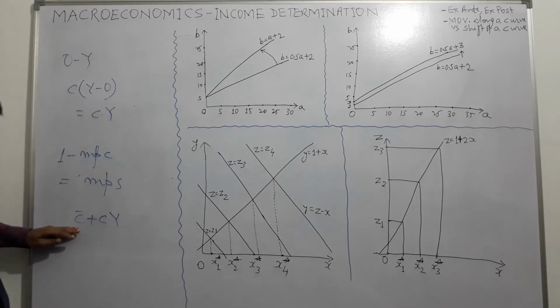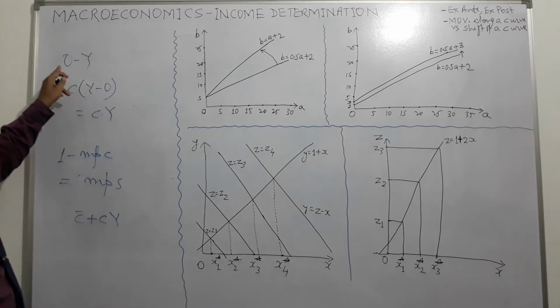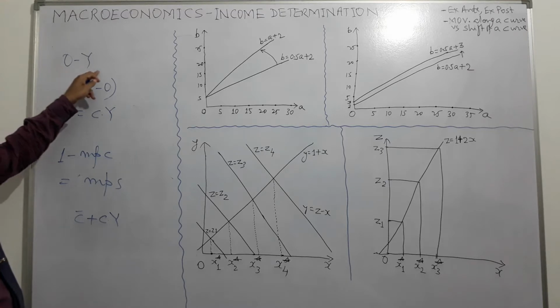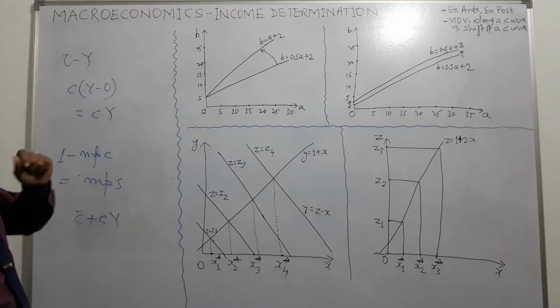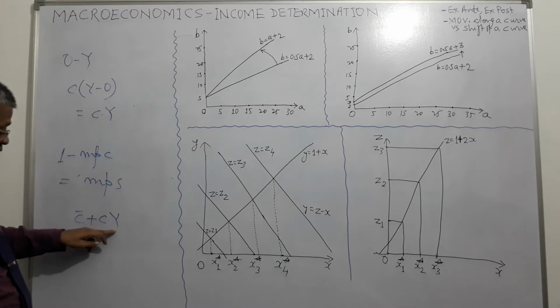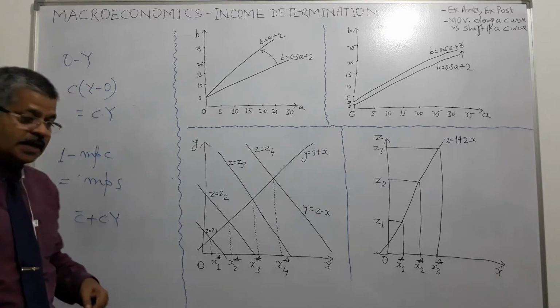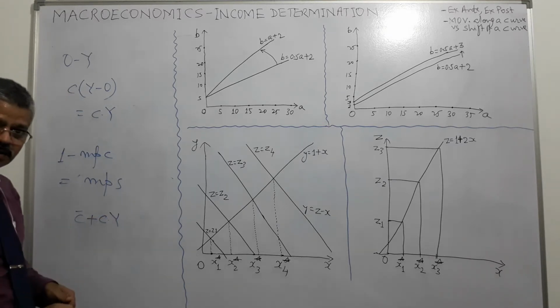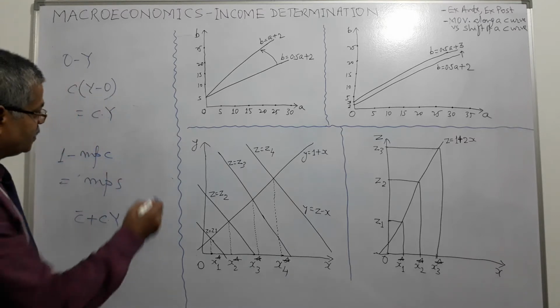We cannot assume that consumption will be 0. Even if income is 0, some subsistence level of consumption will be there. C bar is the subsistence level of consumption plus C into Y. So this is marginal propensity to consume, and if you subtract it from 1, we get marginal propensity to save.